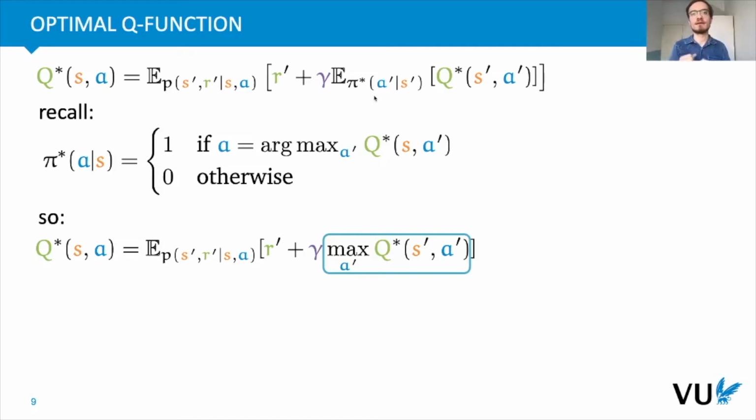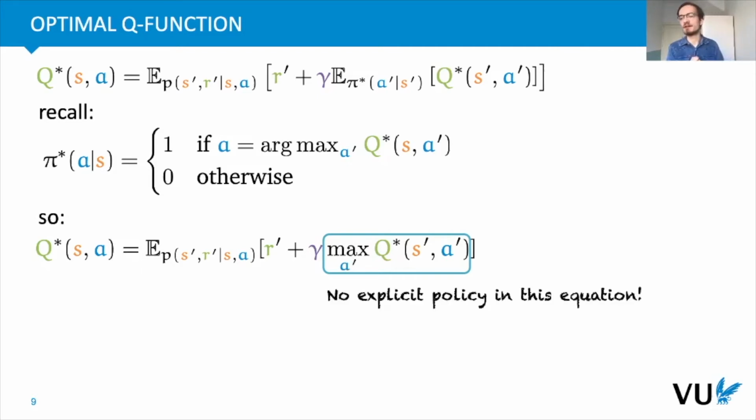So we can deterministically assign this to the action it uses, namely the action that maximizes this Q function. So we can simplify this expectation over the optimal policy by just taking the action that maximizes the optimal Q function.